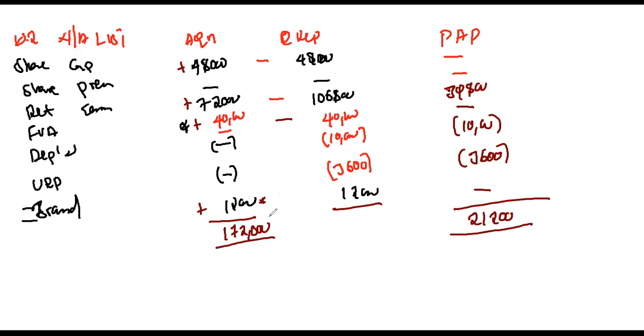Now, as you know, this figure here is going to be used to work out our goodwill. And then this figure here is going to be used to work out our NCI. Remember, our NCI is 25%. We multiply by 25%.